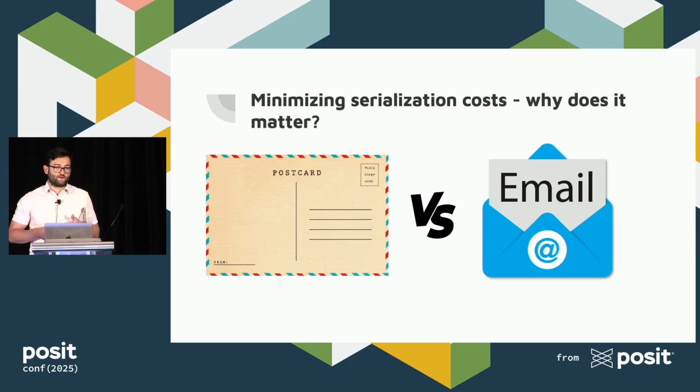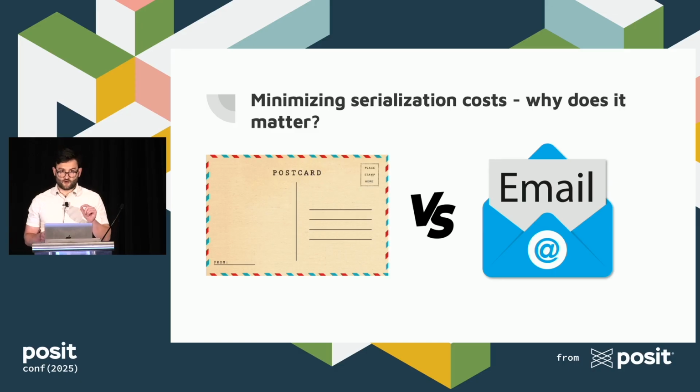To send all of these invites through postcard, I have to go get the postcards. I have to sit there and handwrite 100 postcards. Then I have to put them in the mailbox and then wait for them to get to their intended recipient. Versus with email, I can write my message essentially once and then send it to everybody on a distribution list, and because of the internet, it's essentially instantaneous.